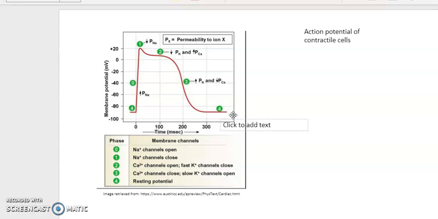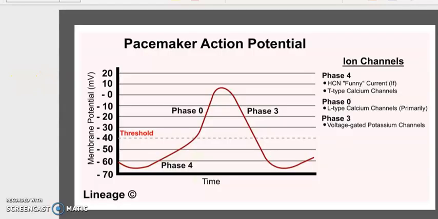With the plateau phase, we're going to have a slow L type of the calcium and a low potassium permeability, and that's going to give us a refractory period of about 250 milliseconds. And as I am saying this, I believe that this is applicable towards our pacemaker action potential.